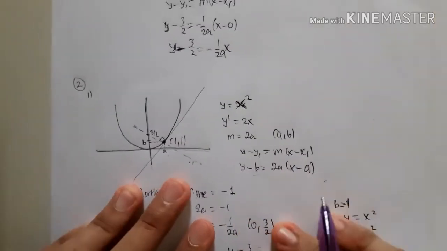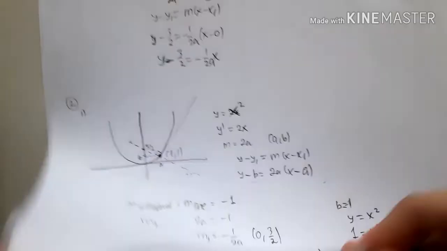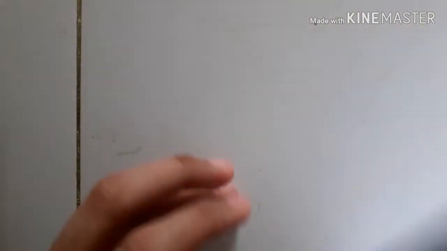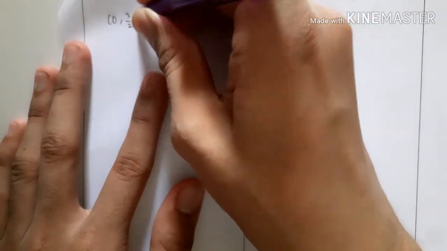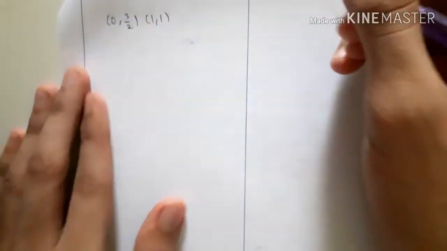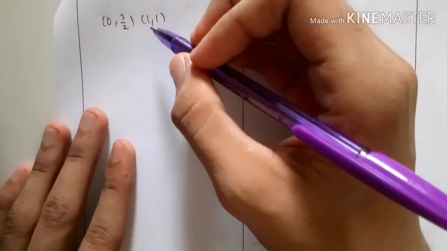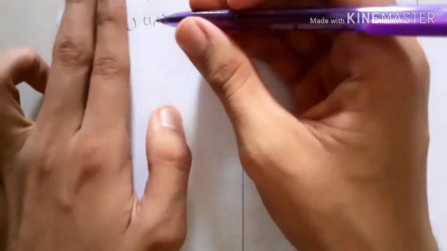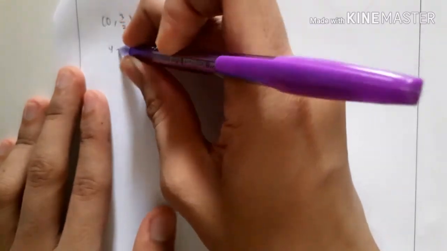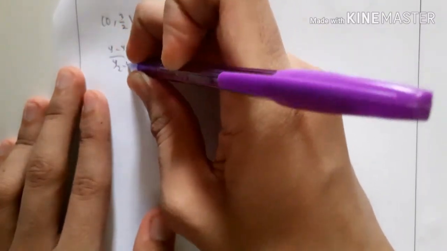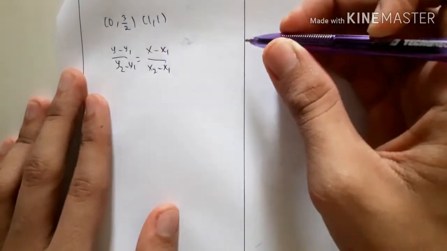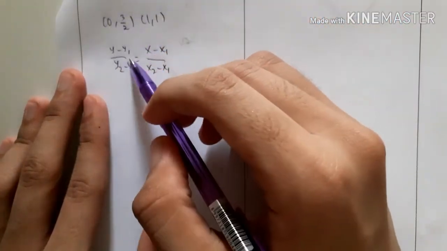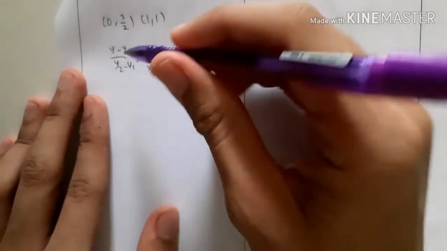Now the next step is to find the equation of the line. First, we have the point (0, 3/2) and the point (1, 1). The formula for the equation of a line through two points is y minus y1 equals (y2 minus y1)/(x2 minus x1) times (x minus x1). I assume that this is point 1 and this is point 2.